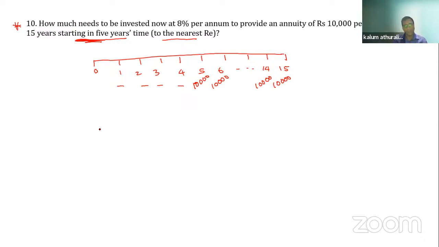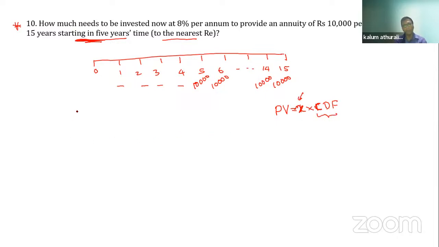For this type of question you can get the answer using PV equals X times CDF. Use this formula. You know the value of X, which is 10,000. Then how to find the CDF?